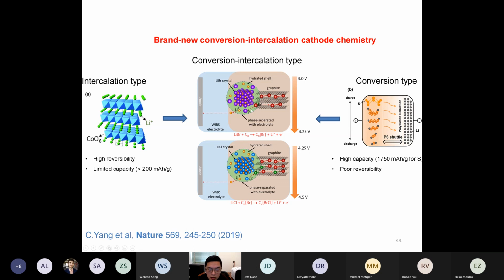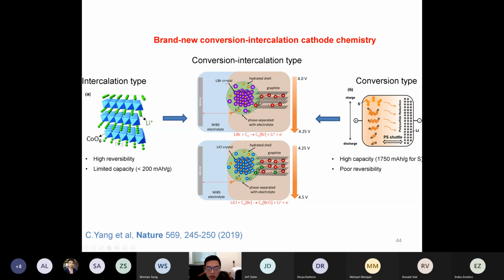Right? So during charging, the bromide will be oxidized first into bromine, and it will intercalate, because the whole reaction happens on the surface of graphite, the only thing with good electrical conductivity here, right? As soon as the reaction happens, the bromine is intercalated into the graphite. The ratio between the lithium bromide and the graphite is well designed.